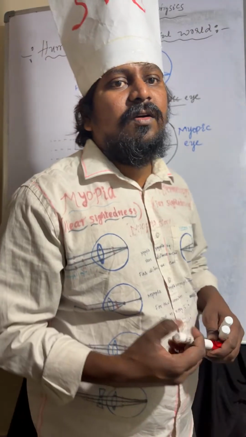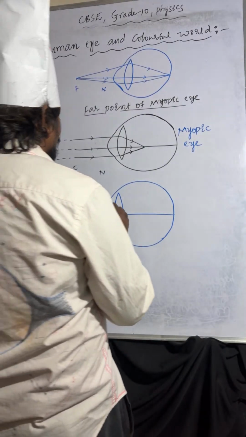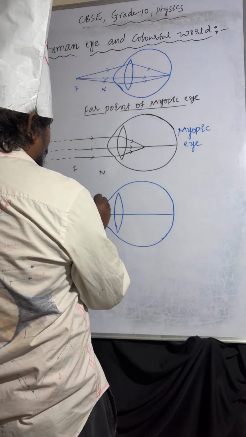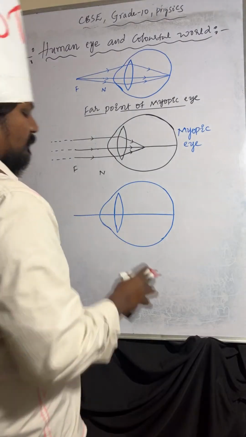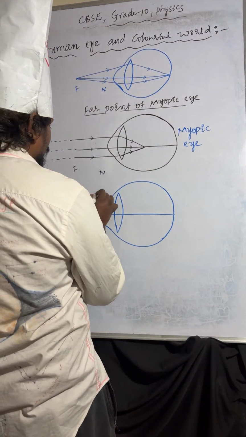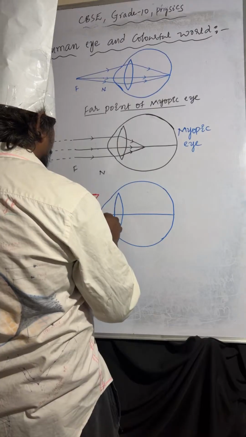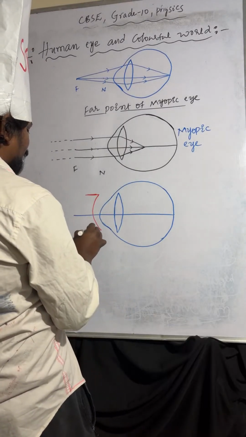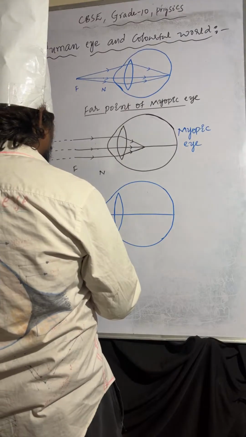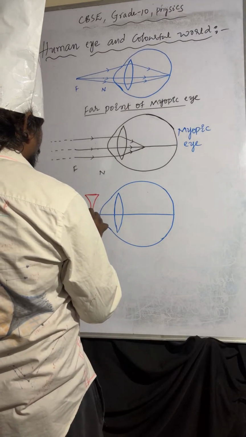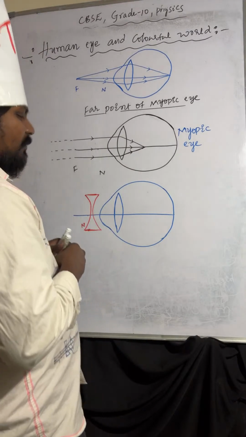So what lens are we using? Concave lens. N is the near point, F is the far point. Light rays are coming from the far point.